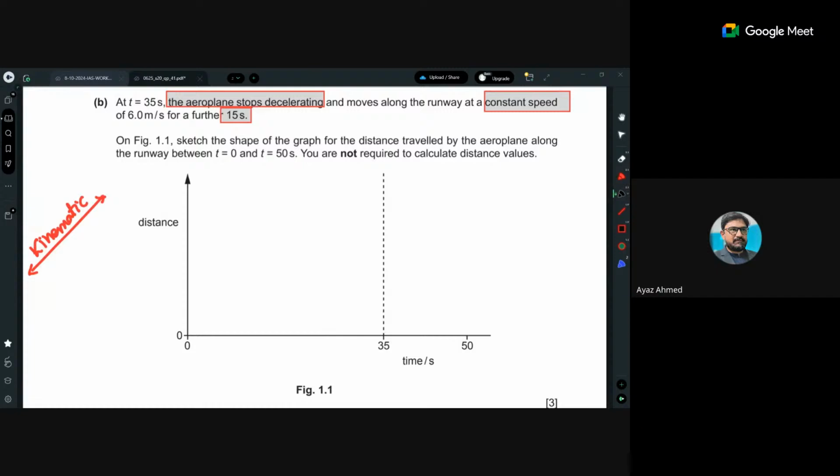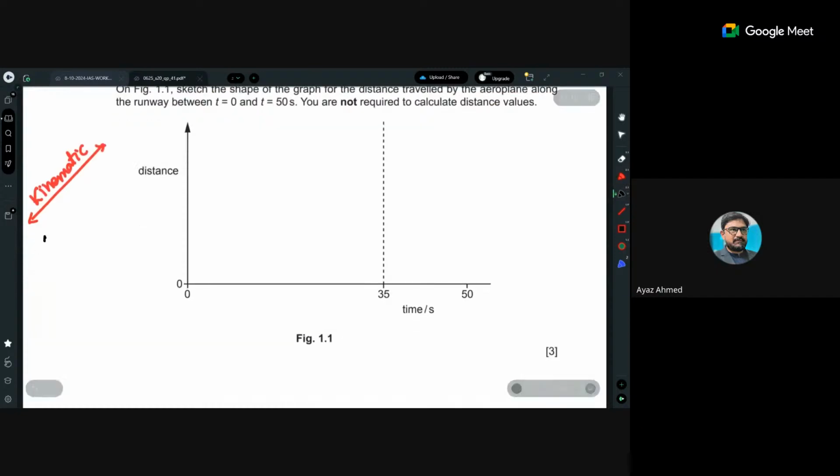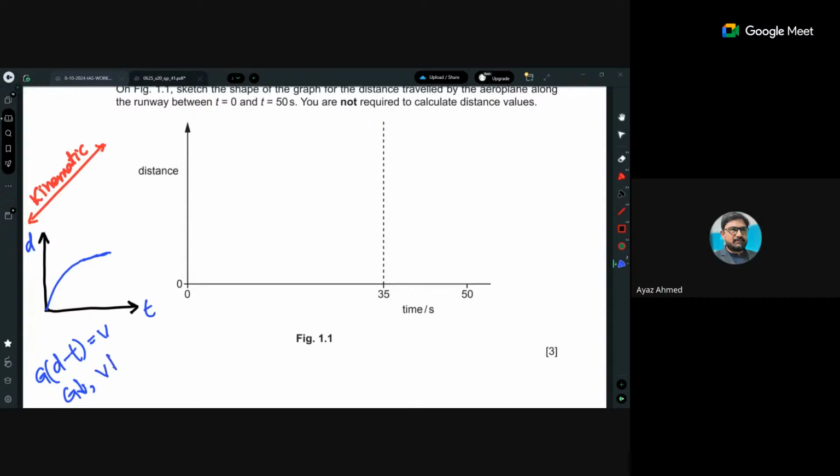If you have a distance and time graph and you want to draw the deceleration, your graph would have this pattern, a decreasing gradient, because the gradient of a distance and time graph gives you velocity. So if the gradient decreases, it means velocity decreases, and that is your deceleration. Do you believe that?